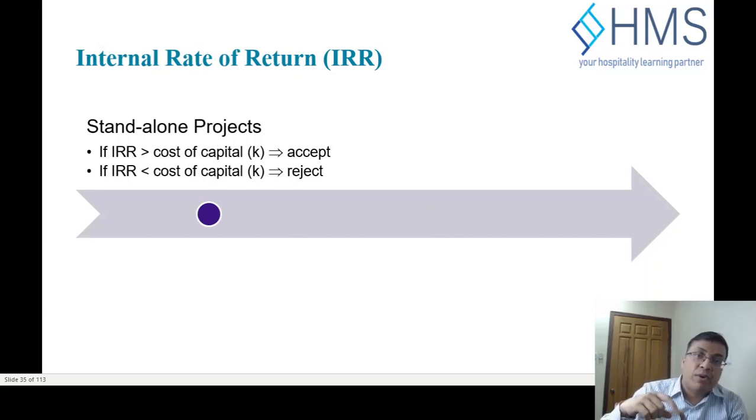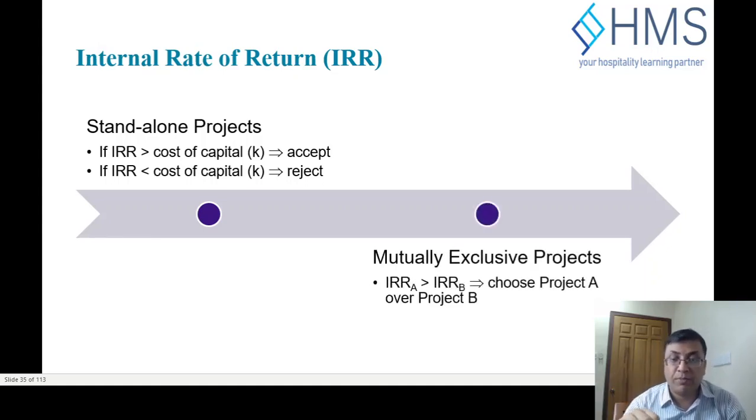Or I can calculate the net present value at 20%, and if it becomes negative, I will reject the project. So both are the same. IRR and net present value usually use a similar method. However, IRR has certain limitations which we're going to discuss in the future. In mutually exclusive projects, we will accept the project with the higher IRR.